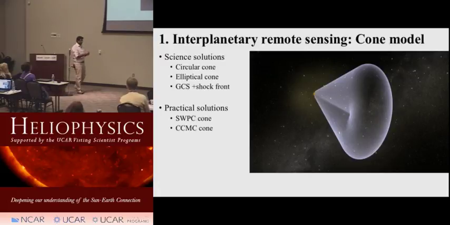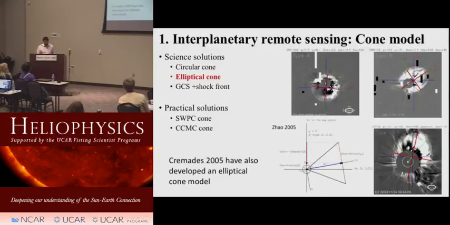And in that case, you're better off addressing your cone model by an ellipse. So effectively, an ellipse will have a major axis at the front end here and a minor axis here. And so trying to address that, you can create an elliptical cone model. That has a little bit more complexity in the mathematics, but it can still be done.